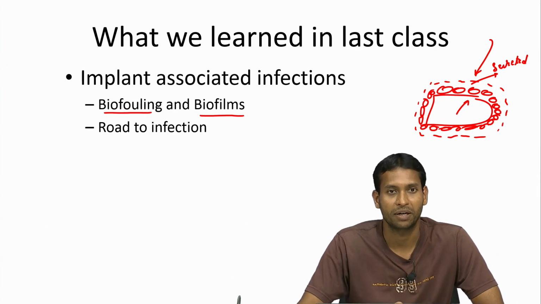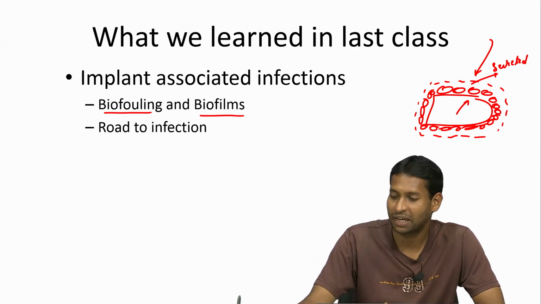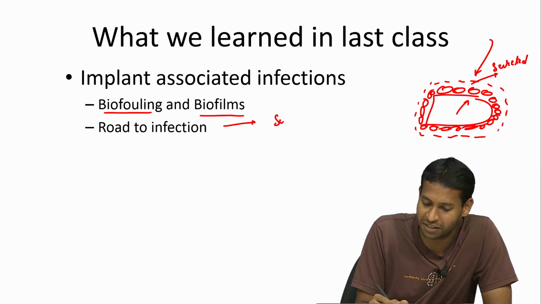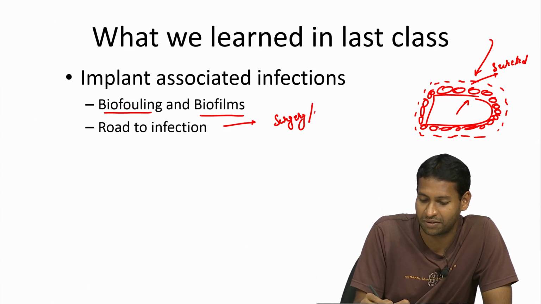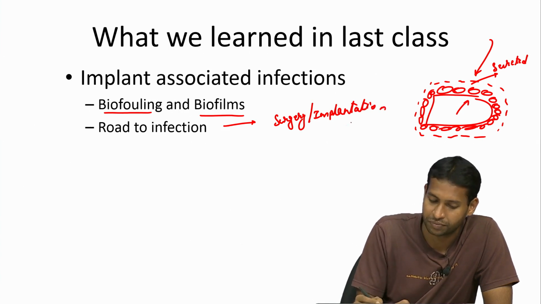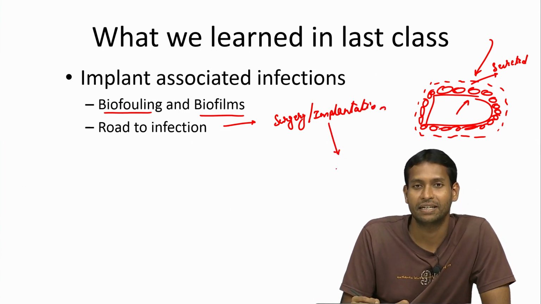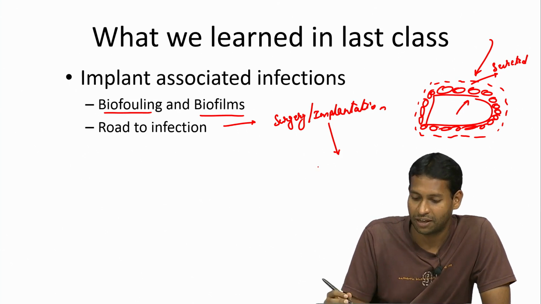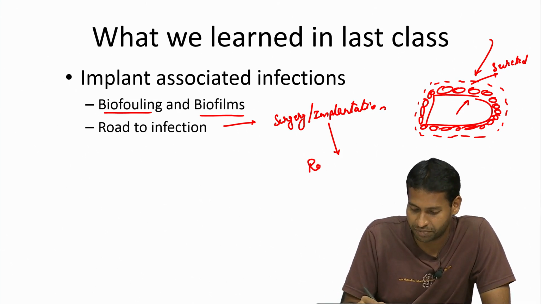The next thing we talked about was the road to infection. So, what typically happens? The first thing you do is a surgery and implant your device. Once that is done, there is interaction with all kinds of body fluid, and now there is a race to the surface.